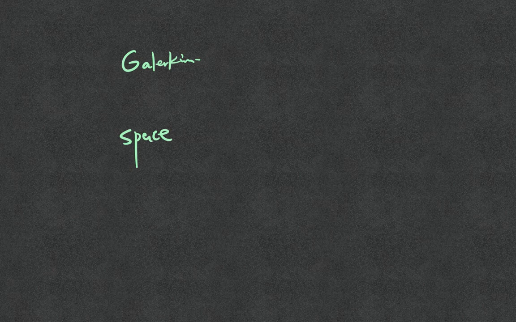The finite dimensional space is the following: I need a finite number of coefficients to express the functions. This is where the word finite in finite element comes from, choosing the right space.